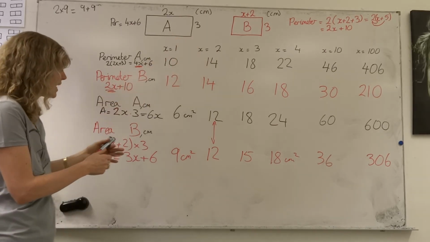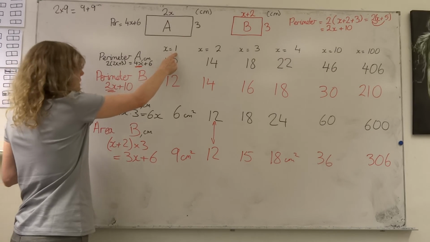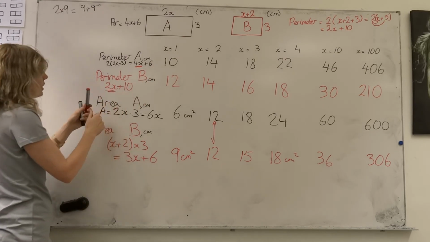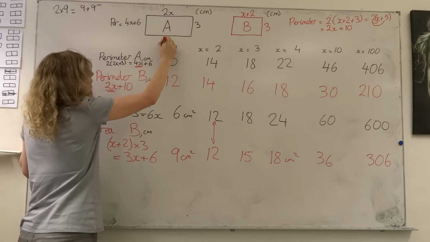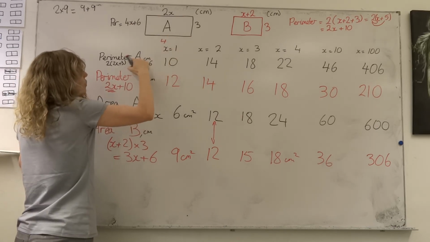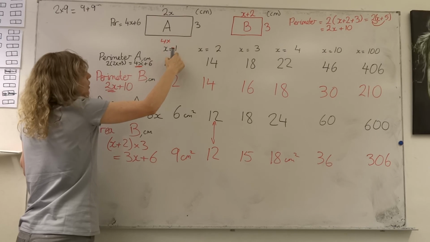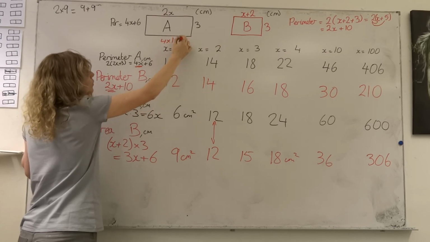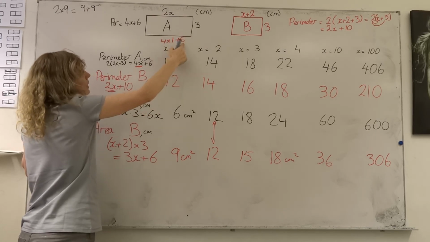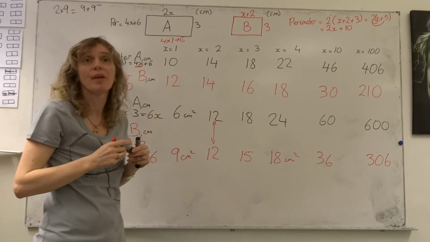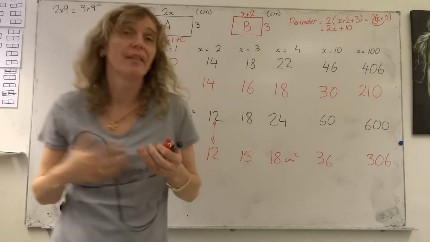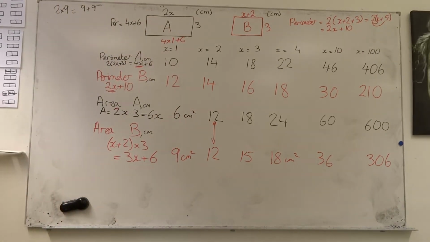So wherever we see x, if x equals 1, we use our equation 4x plus 6 and change that to 4 times 1 plus 6, 4 plus 6, 10. So we just replace x with the real number that they've given us. Okay? And that's how we use algebra.